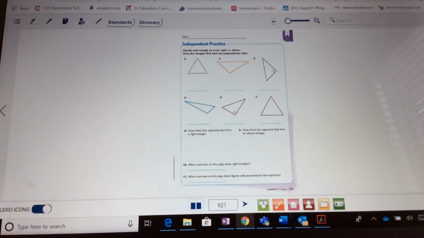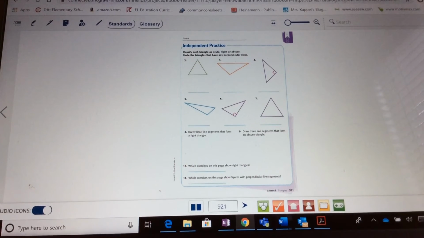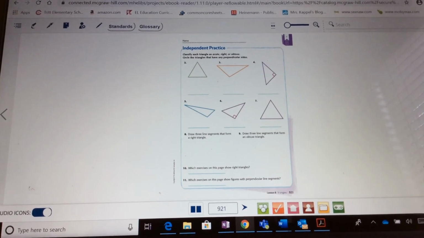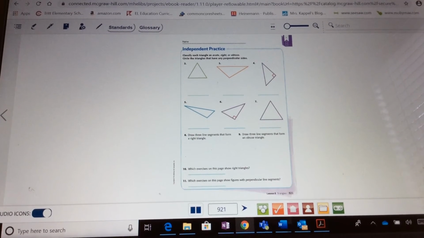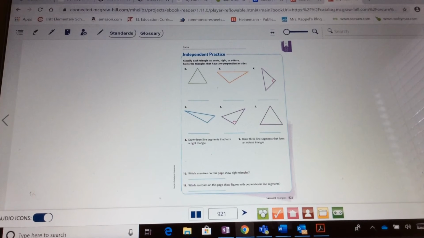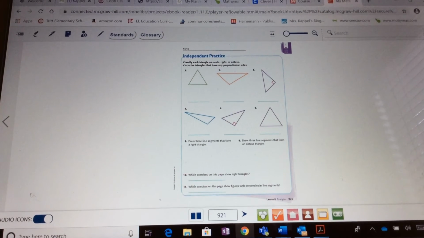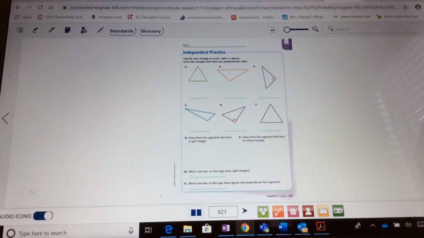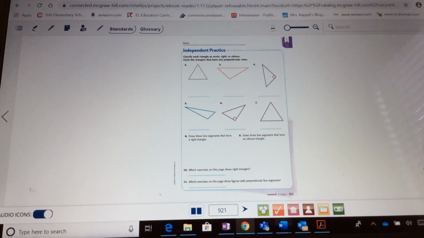Acute, obtuse, and right. And then it says to circle the triangles that have perpendicular sides. Do you remember what kind of angles there are if they've got perpendicular sides? Yeah, hopefully you remember. If not, look back in your notes from last week.